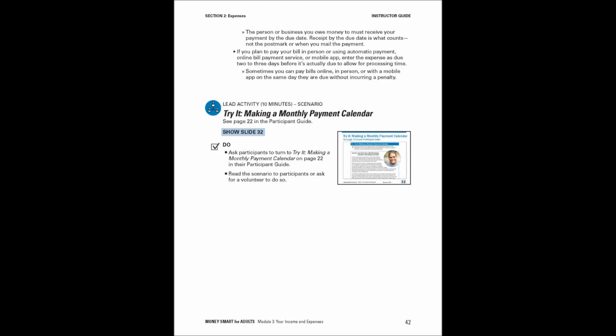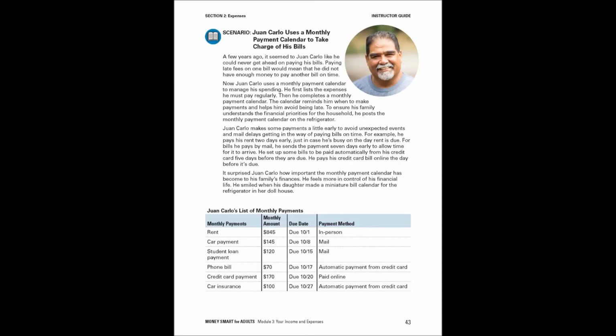Now that's going to lead you into the final activity for this section, which is Try It, making a monthly payment calendar. So this is a scenario, and you're going to ask a participant or a volunteer to read it, or you can read it yourself. It's about Juan Carlos, who uses a monthly payment calendar to take charge of his bills.